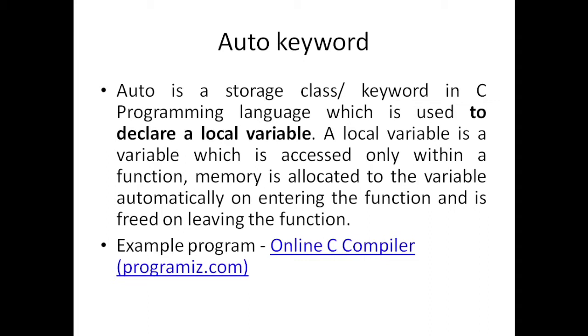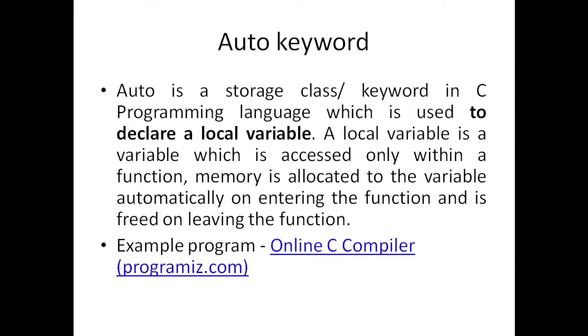A local variable means the variable which can be accessed only within the function. Afterwards the variable space will be deleted, but by using this auto keyword, we are releasing the occupied memory space in an automated way. That's the difference.